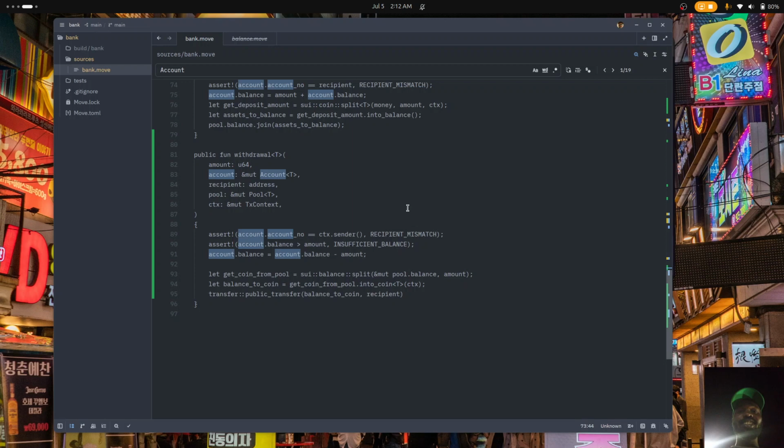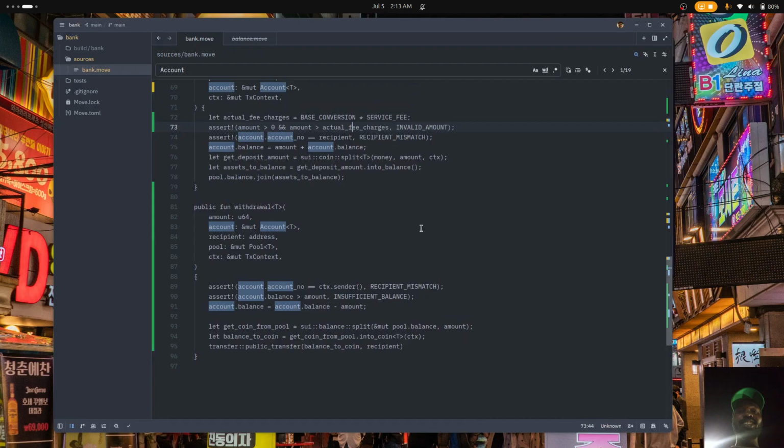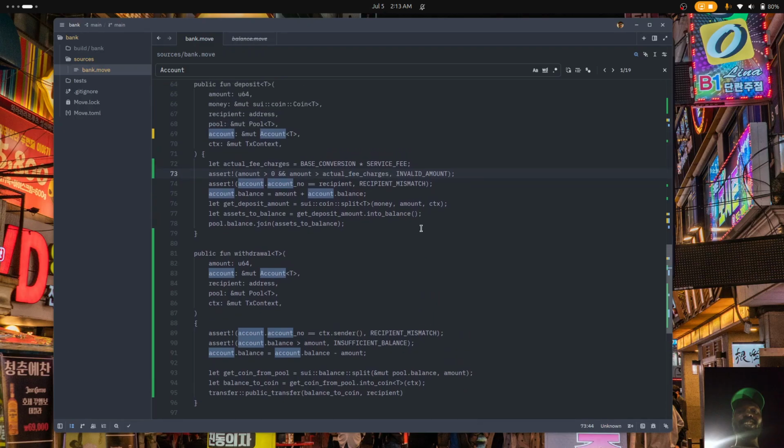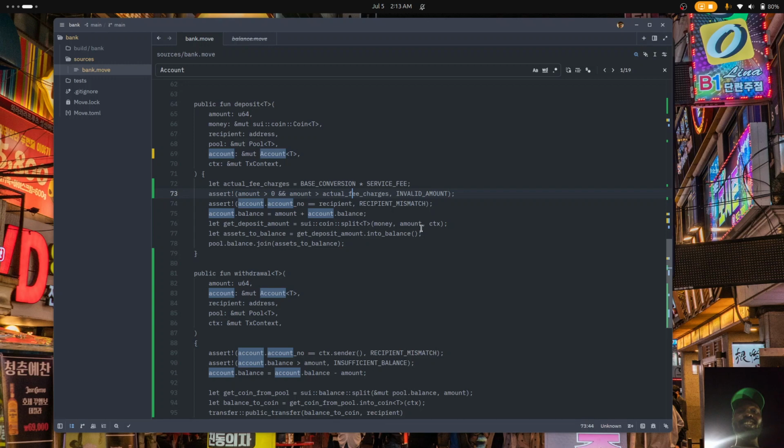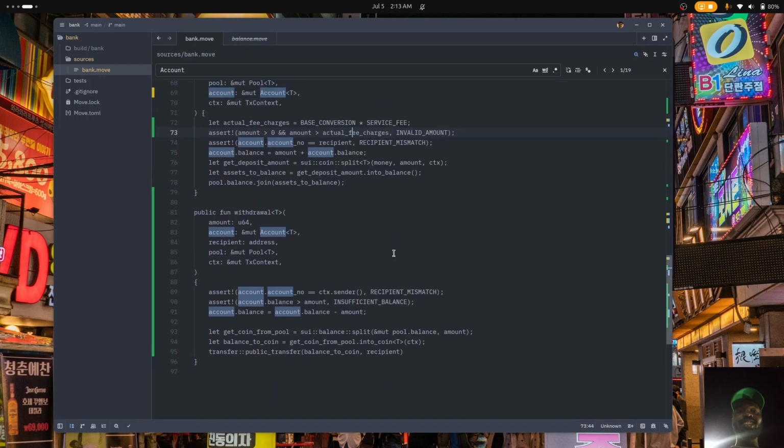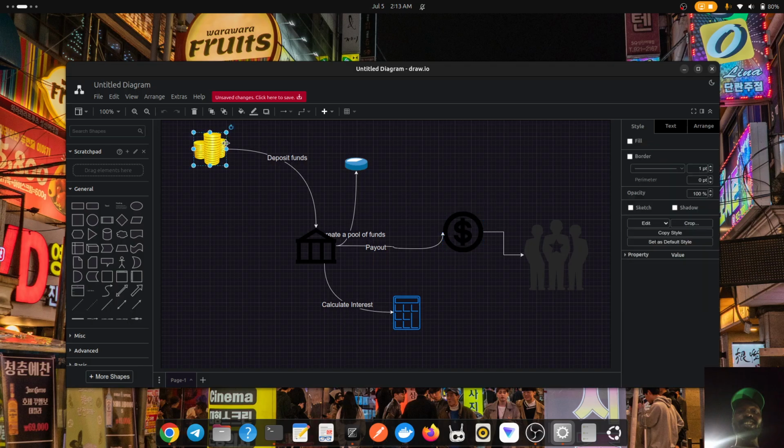I think that's it. So we can deposit now.